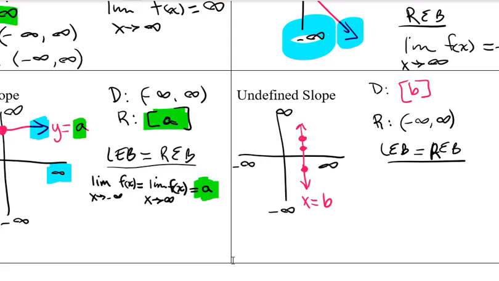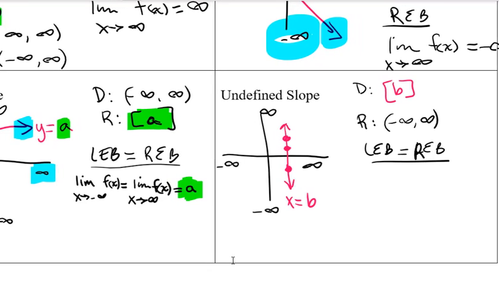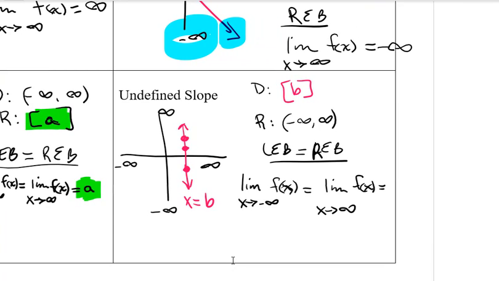Because there is no left side and no right side of the graph, when you write that, we'll still start out with the limit as x approaches negative infinity, as well as the limit as x approaches positive infinity of our function. Both of these, since there is no left side or right side, is the one where we say DNE, does not exist. There's just this wall in the middle at some value b.